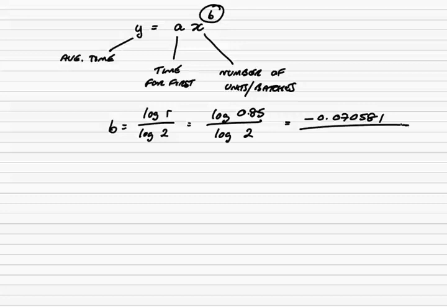We divide it by the log of 2, so again on my calculator, 2 log, 0.30103. Now, if you're able to use brackets on your calculator, you don't need to write all the figures down. It comes to 0.85 log divided by 2 log, which is minus 0.2345.